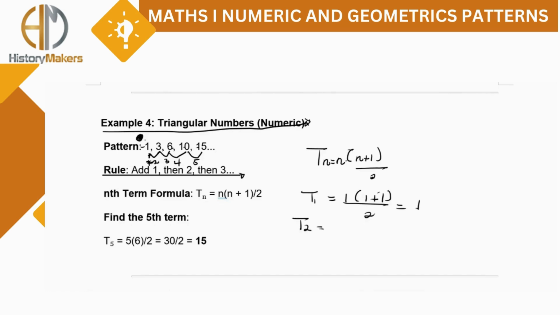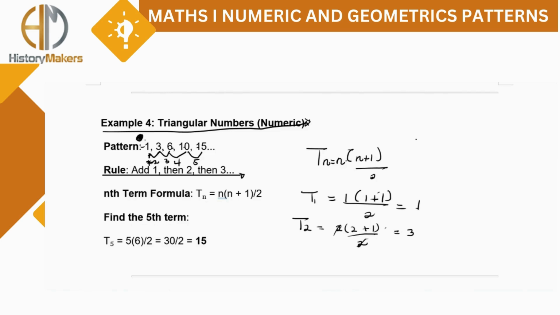Term number 2 is 2 times (2 plus 1) over 2, which equals 3. This cancels this, and then you get 3. So that is how we found our nth term, and they asked us to find term number 5.